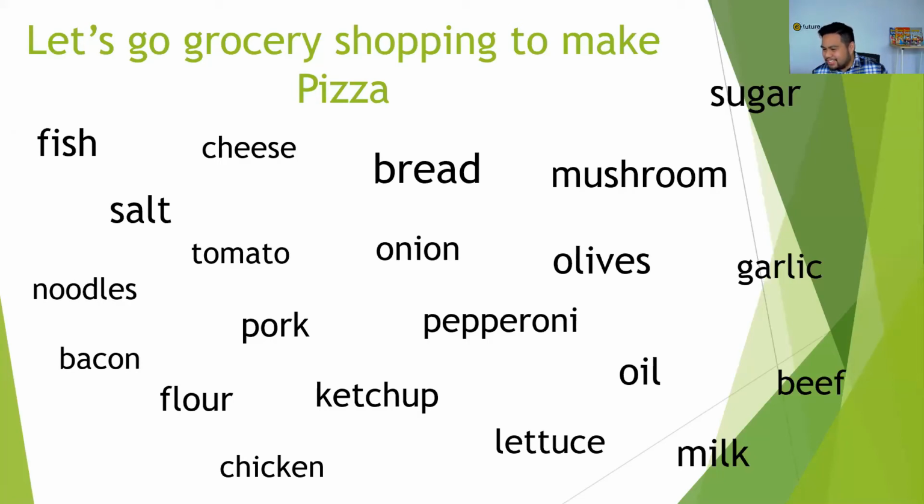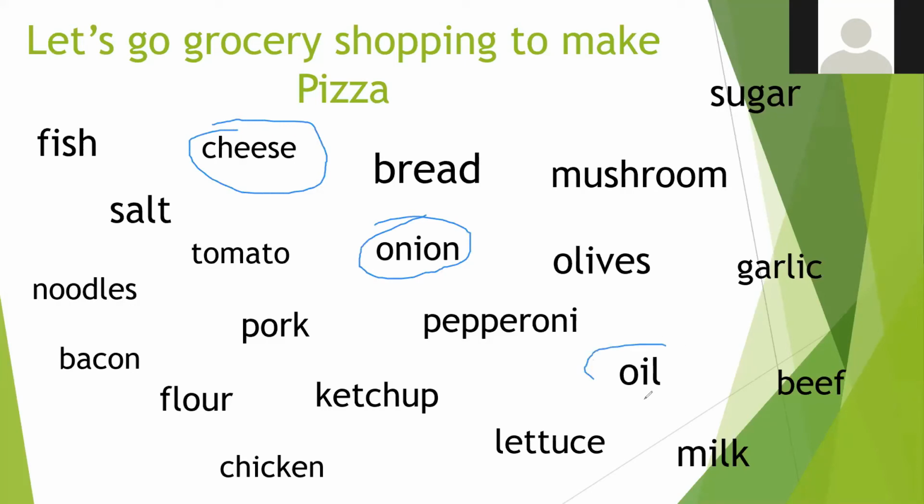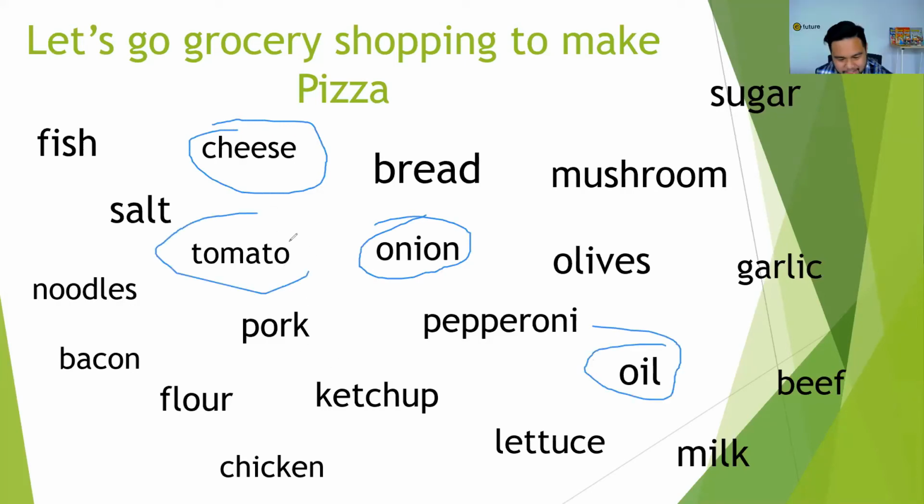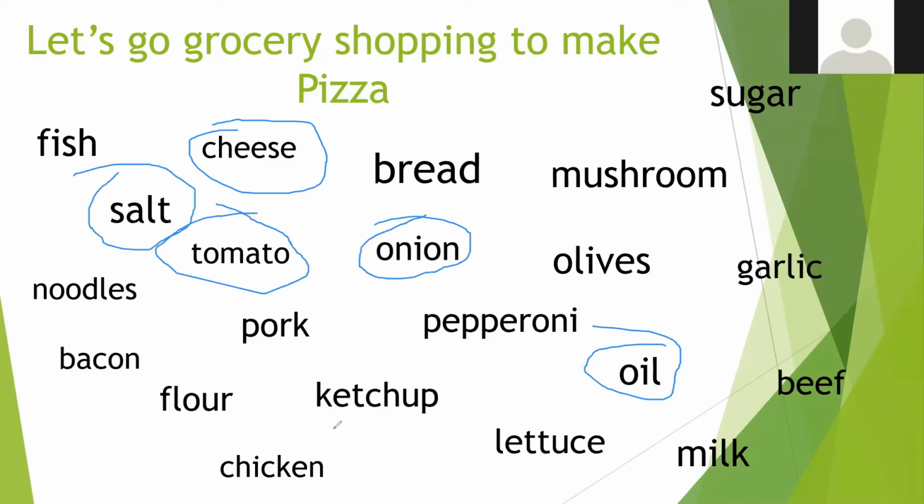So we have cheese, oil, flour, ketchup, onion. Cheese, onion, oil. You have to use oil, okay. Tomatoes, okay, salt, okay. Bacon, oh, bacon, good.